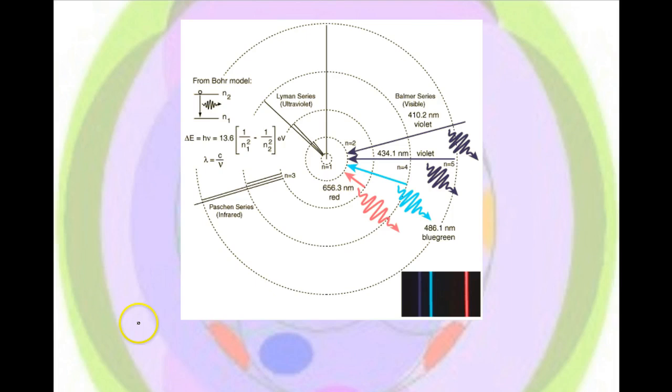So here's what Bohr found. He found 3 different series of atomic emission spectra for the hydrogen atom. So these are the lines that we would see in the visible light spectrum, and there are actually 4 of them. We show 3 of them here, but there are actually 4. You have another purple one.